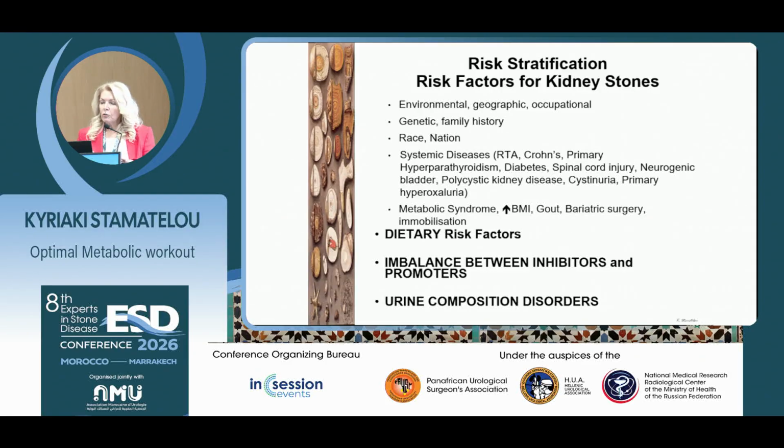And when we're talking about risk stratification, we should also be able to address the dietary risk factors of the patient. We should be able to address the imbalance between inhibitors and promoters, and we should be looking also at urine composition disorders.